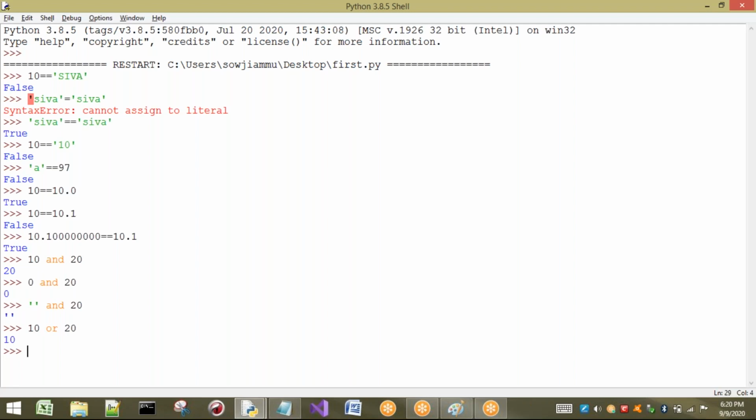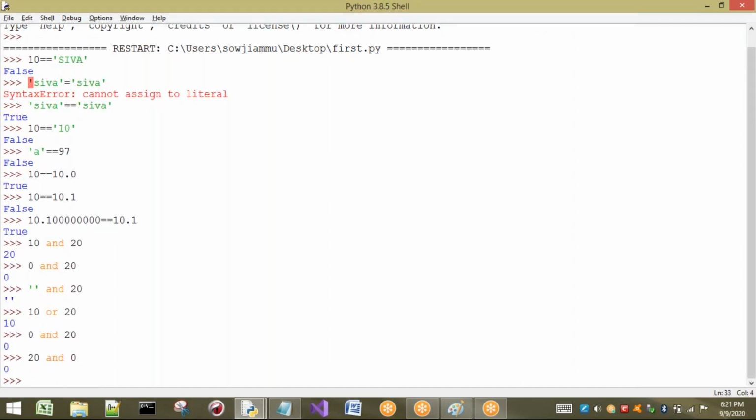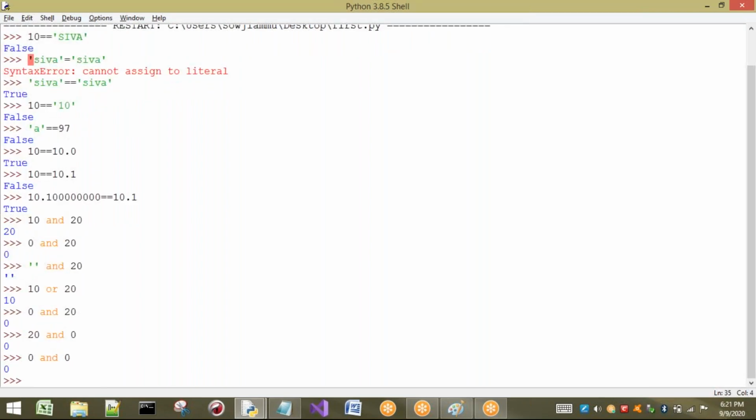10. Next I will take 0 or 20, the answer is what? 20. Sorry, you have to observe. Next one, 20 or 0, the answer is 20 only. Next one, 0 or 0, the answer is 0. You have to observe the last three cases.